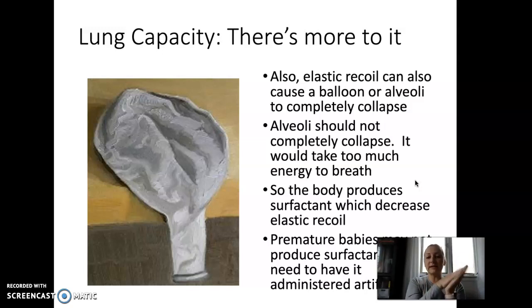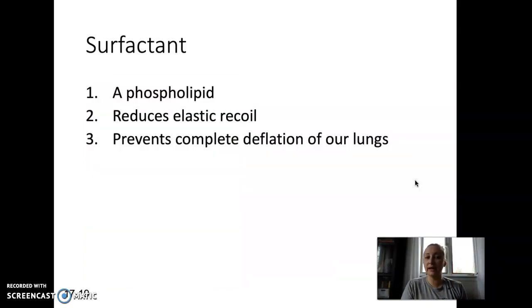And so surfactant is more oily than water. If the alveolar sacs were to get really close together, there's enough break in water properties that they'll still open back up. And so we produce that all of the time.